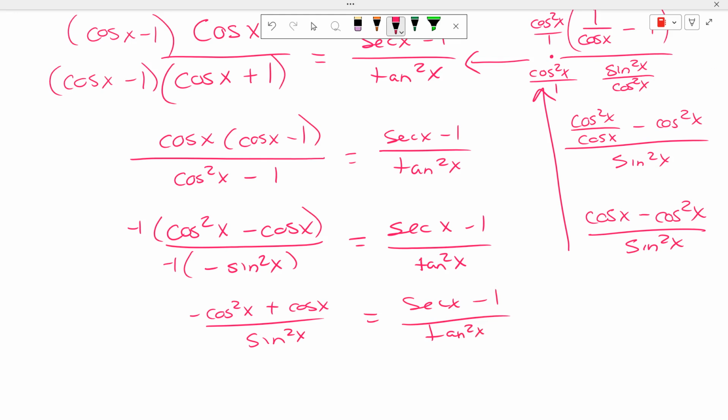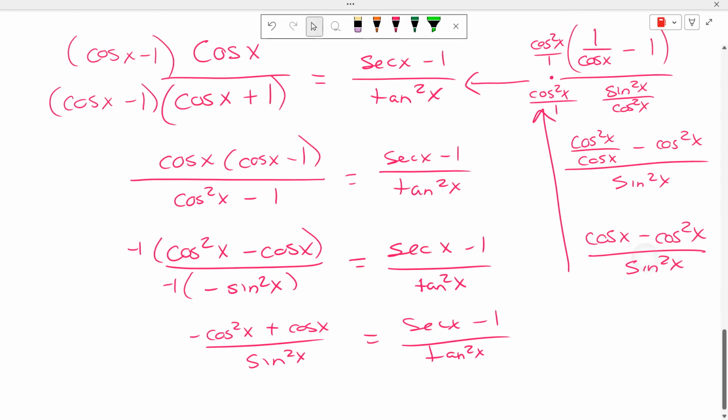All right. So basically, I'm here. To get to the here, what did I do? Well, I multiplied the top and bottom by cosine squared to get rid of the cosine squared there.